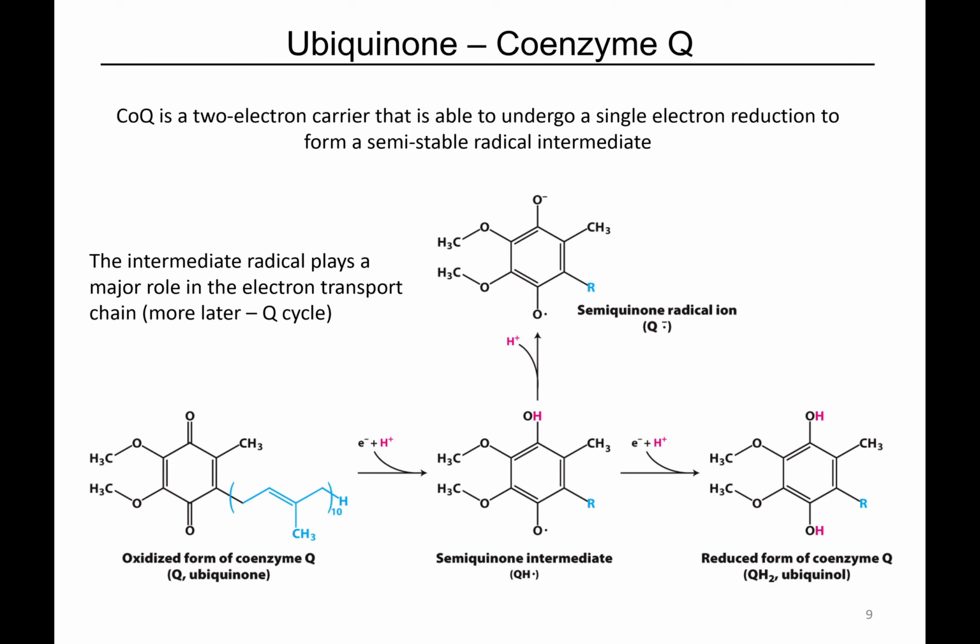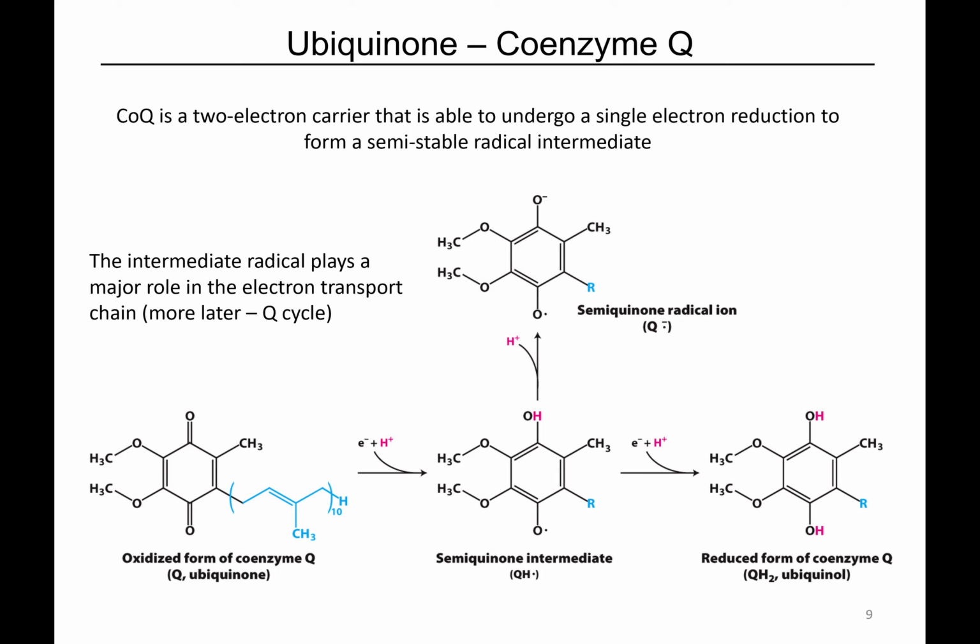The fully oxidized form, we have 2 ketones. This is called ubiquinone. Both of these oxygens at the top and bottom are in the ketone form. This is the fully oxidized form. On the right here, this is the fully reduced form, QH2. Both ketones have been reduced to alcohols. This corresponds to a 2 electron reduction.